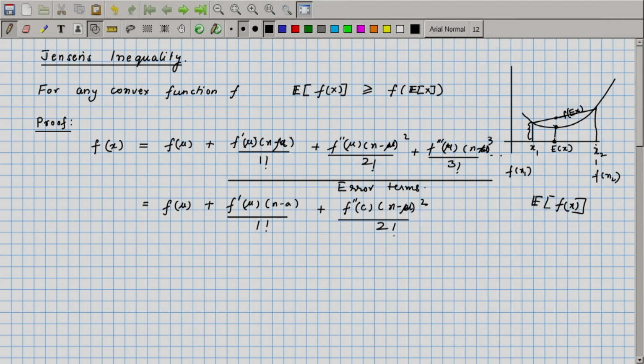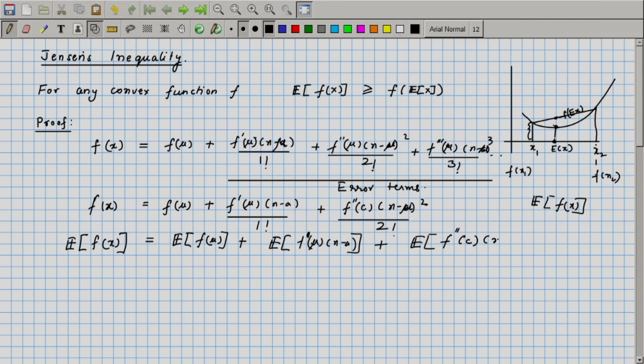Now, if you take x to be a random variable, we can compute the expectation of f of x. So, expectation of f of x is going to be equal to expectation of f of mu plus expectation of f prime mu times x minus mu by 1 factorial plus expectation of f double prime c times x minus mu whole square by 2 factorial.